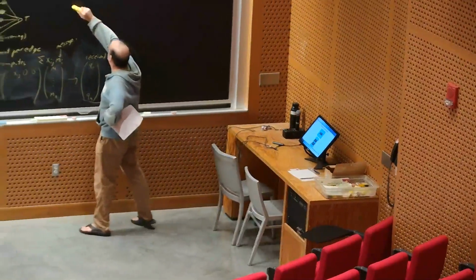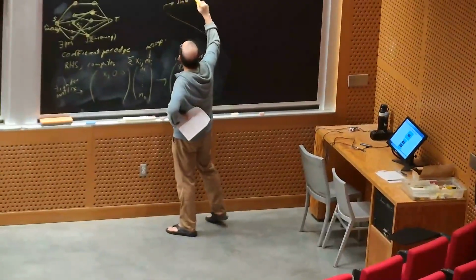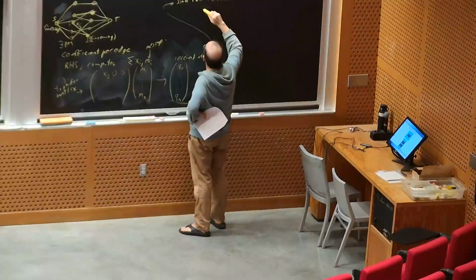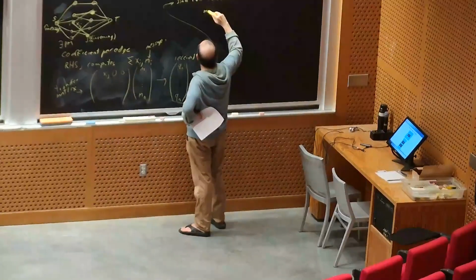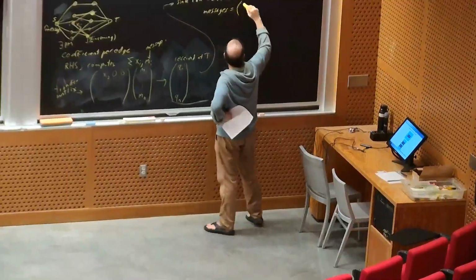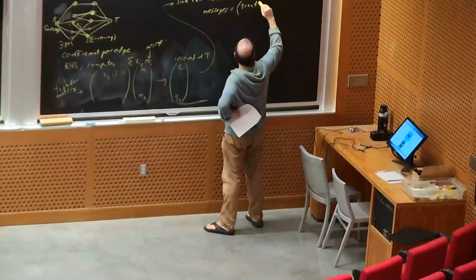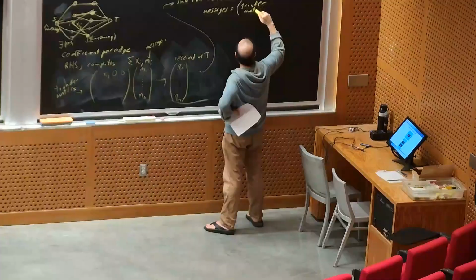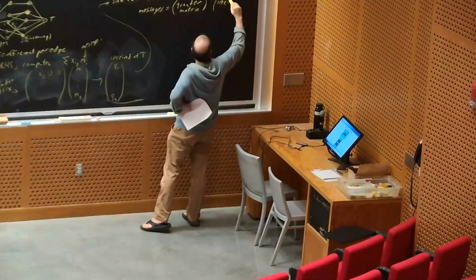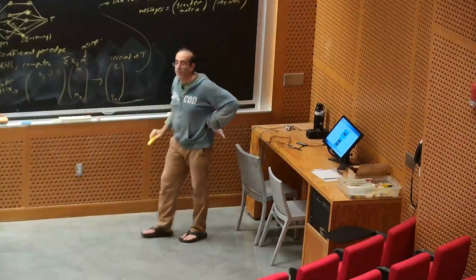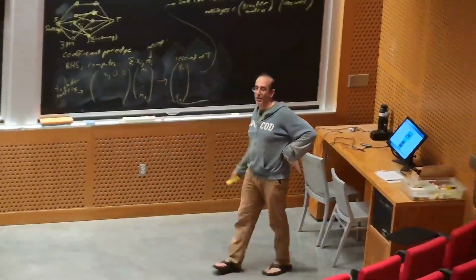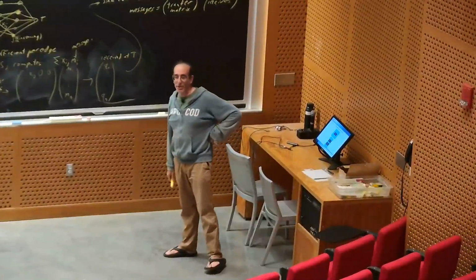Exactly. So the sink can recover the original messages as the inverse of the transfer matrix times what it receives. Yes? Because what it receives is just the application of the transfer matrix to the original vectors.